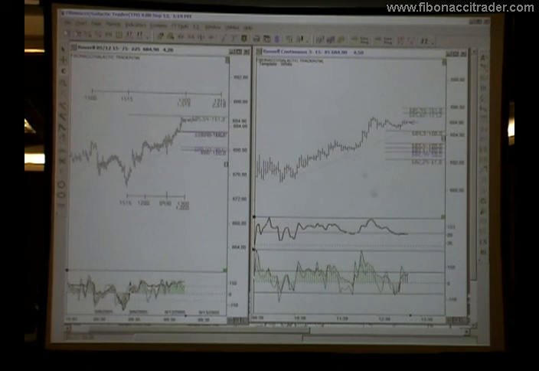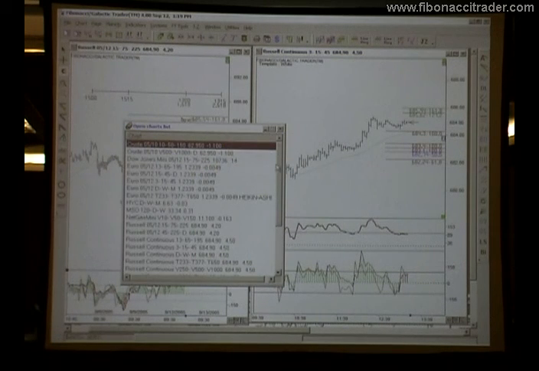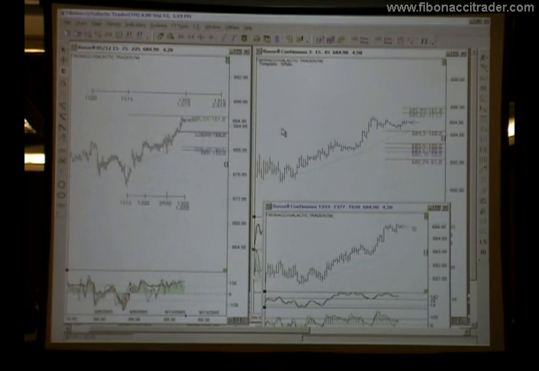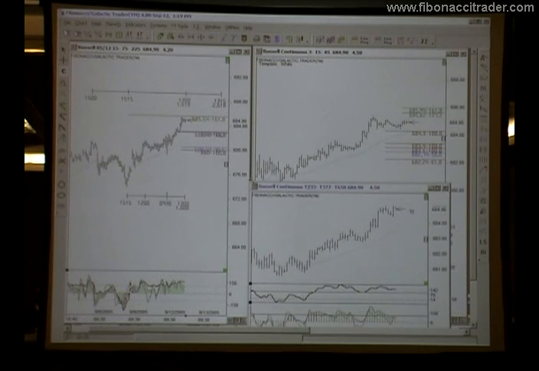And even the 3-minute lost the 100 line again. How's the 233? If you were still in, though, there would have been no reason to get out.